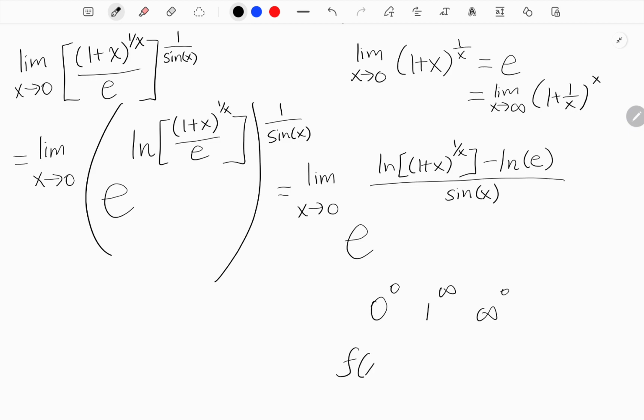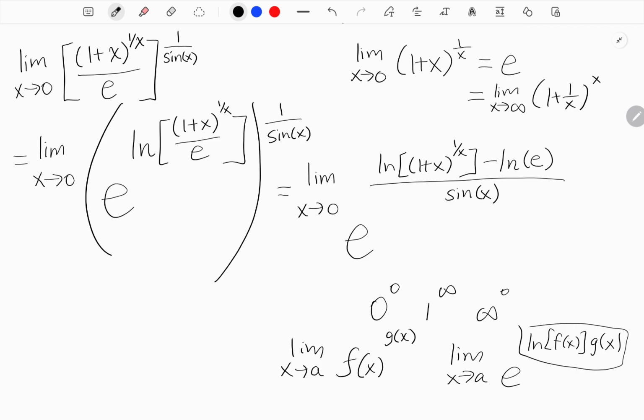So if you have, let's say, f of x to the g of x, and when you take the limit as x approaches a of f of x to the g of x, you get one of these three forms, then you have to take the limit as x approaches a of e to the ln of f of x times g of x, and then from there apply L'Hopital's rule using the exponent. Okay.